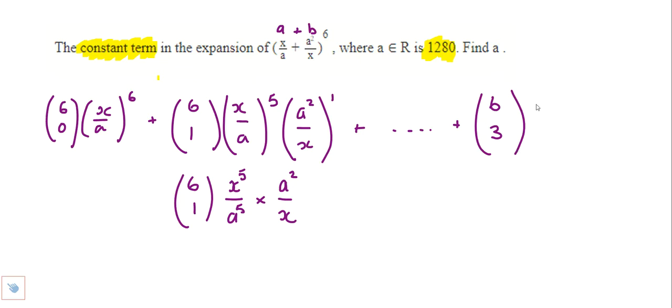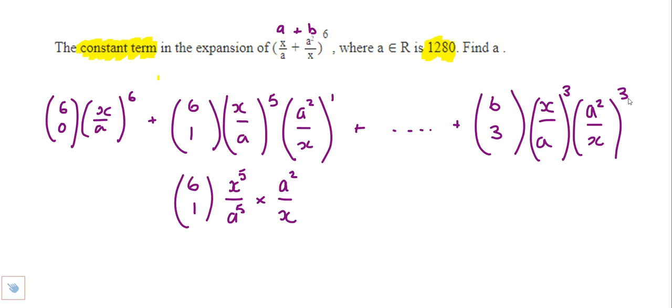Yes, so I know that I'm looking for x over a, and because the x's in each fraction are the same power, if they were different powers it would be a bit more complicated, but because the same power, I know I've just got to split this 6 into 2. That's why I knew it was the 3, so I've got 3 and 3.